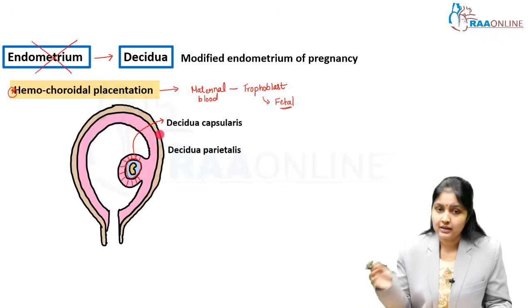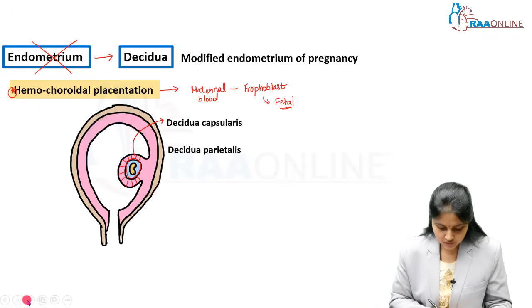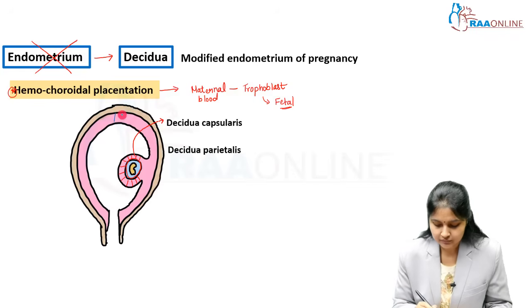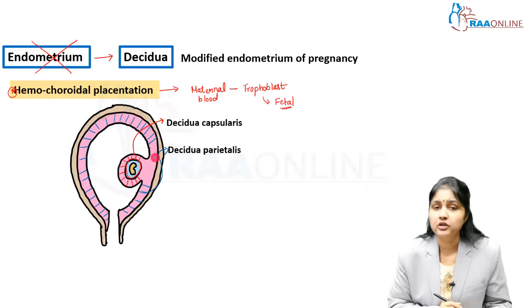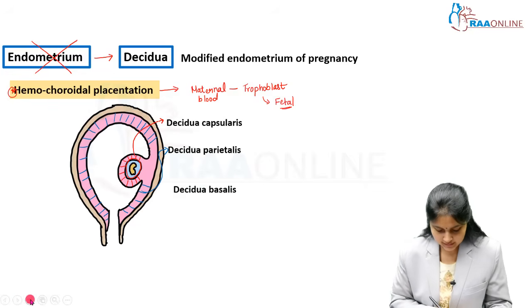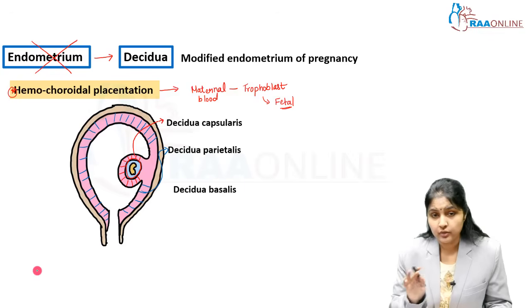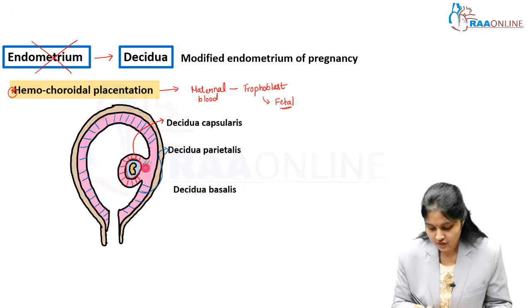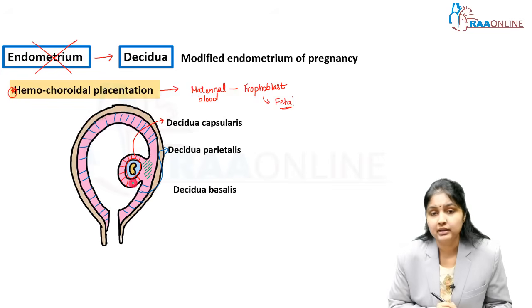The next is decidua parietalis, which is the decidua which covers the rest of the uterus. So the entire layer which covers the other parts of the uterus is called decidua parietalis. The third is decidua basalis, which is the decidual layer which is seen just below the implanted embryo.